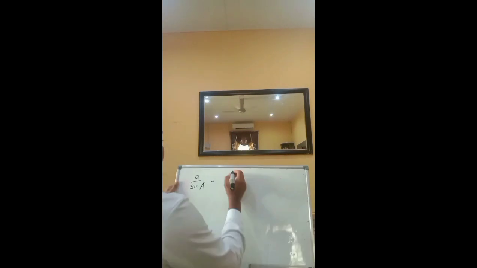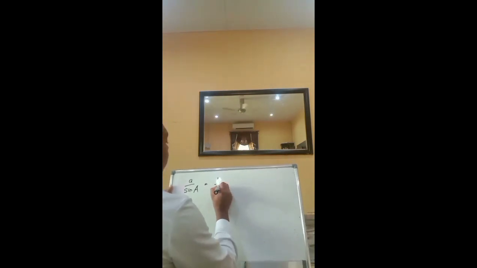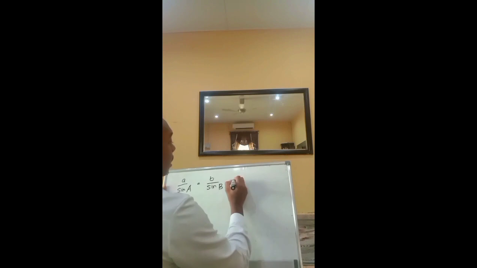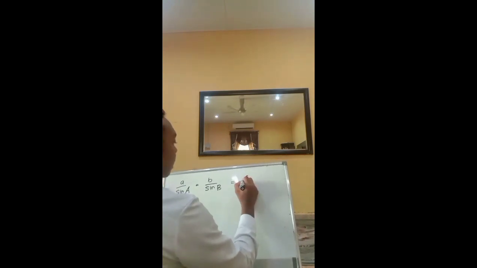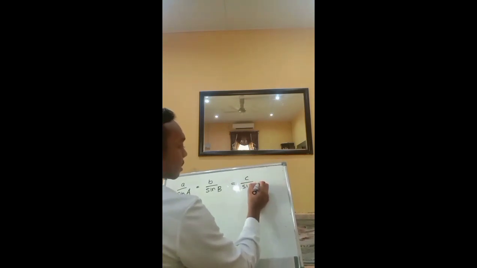If a, b and c are the lengths of the sides opposite the angles A, B, C in the triangle, then you should know this rule: a per sine A equals b per sine B equals c per sine C.